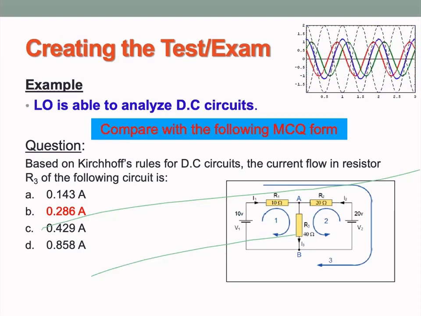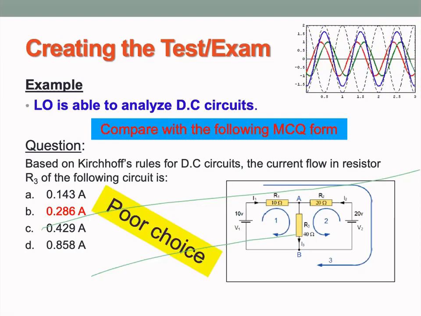Of course, I can say no. This is really a poor choice to assess a student's ability to analyze the DC circuit, because we cannot see whether they really are able to analyze this circuit. Maybe they get the correct answer, but maybe they're just gambling and so on.